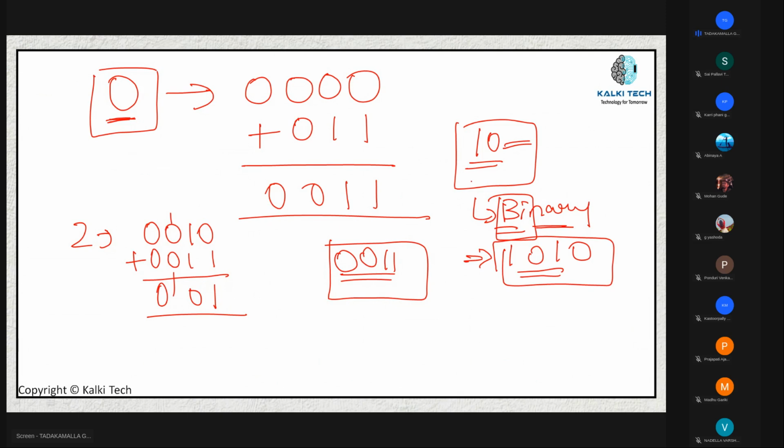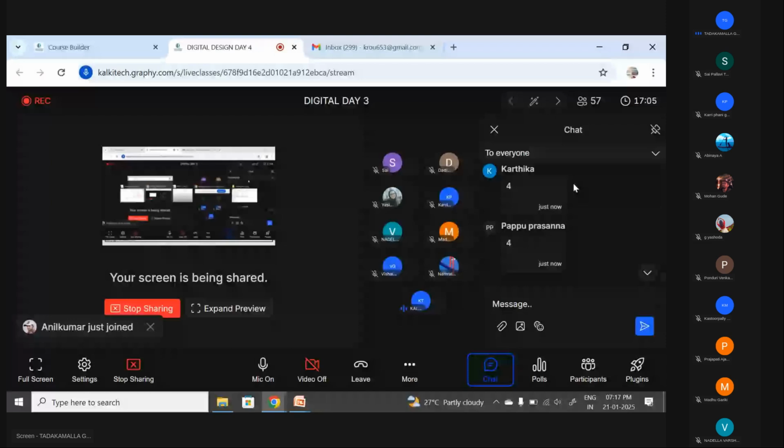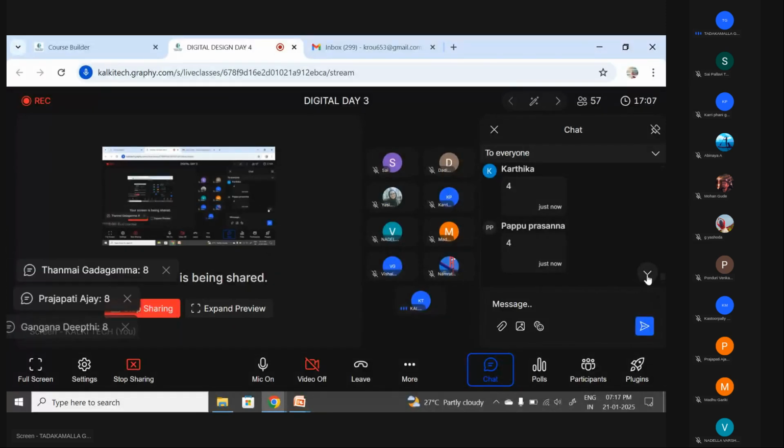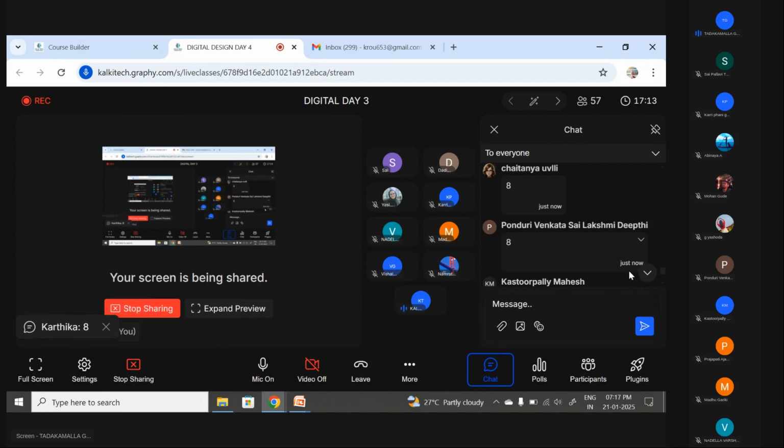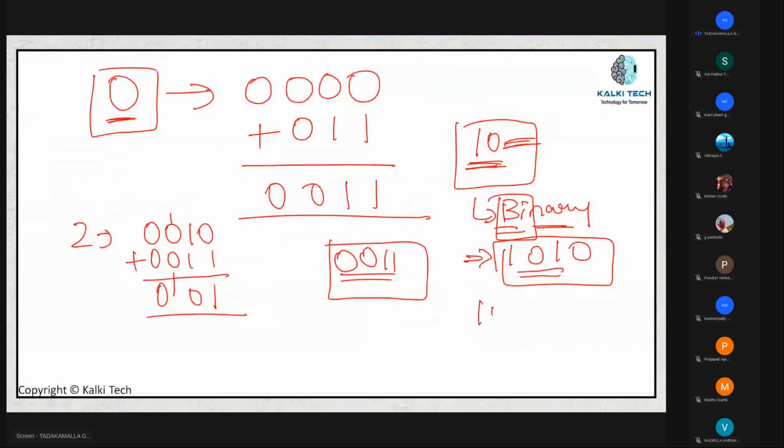Now, how many bits are required to represent 10 in BCD? 8. So this is the disadvantage of BCD. If we use the BCD representation, we need more bits. If we want to represent 10 in BCD, we should represent each digit individually, 0001 followed by 0000.